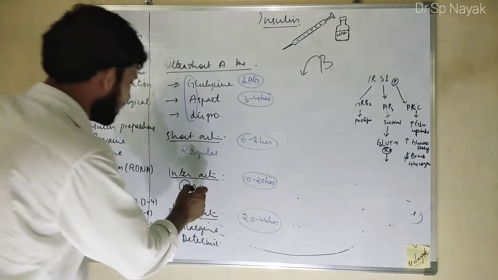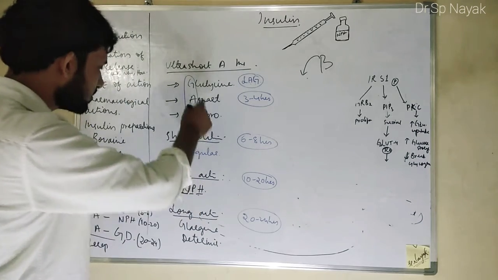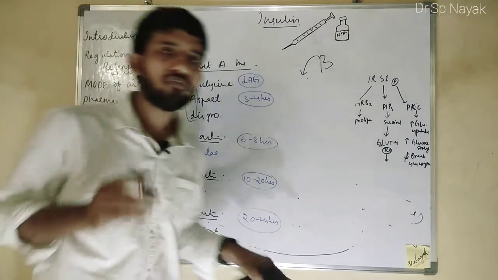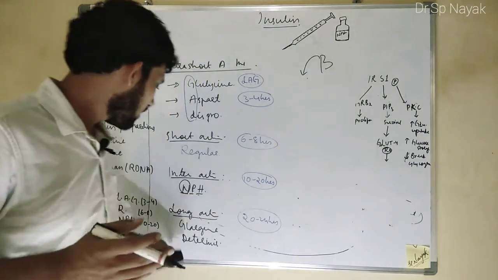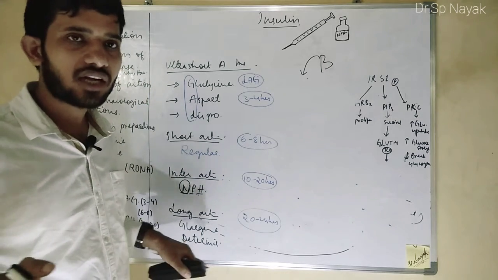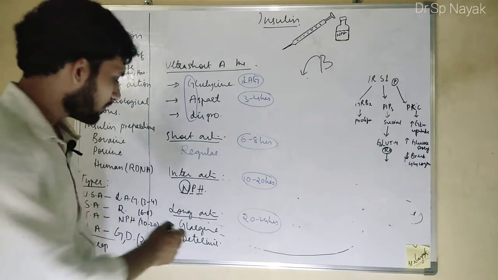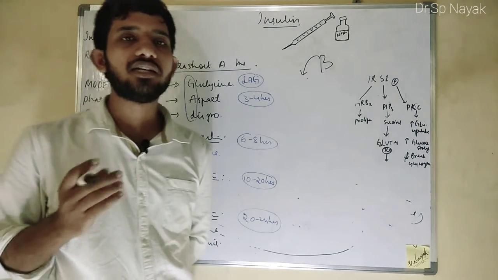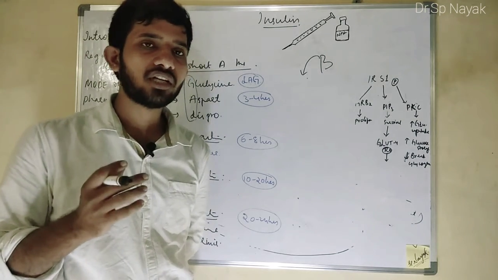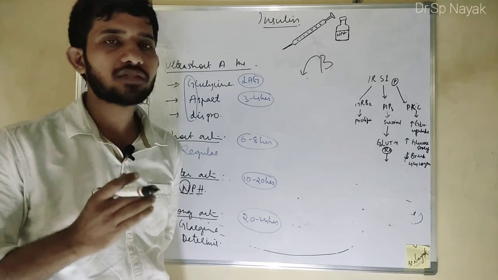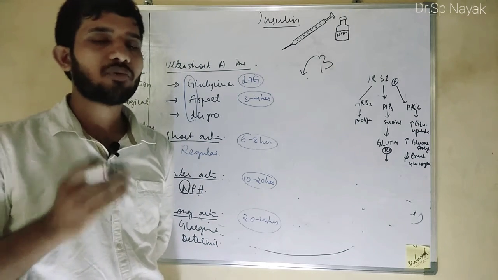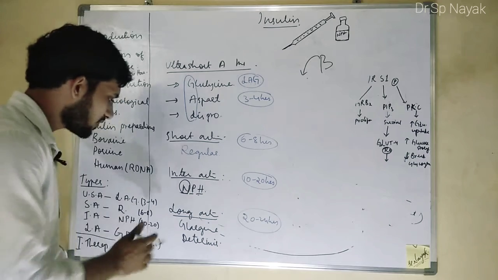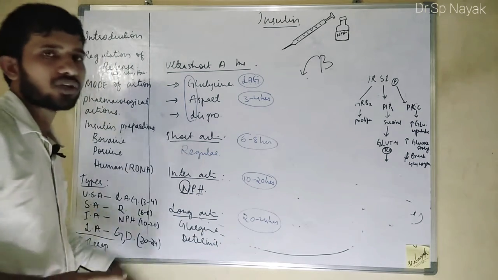We can mix intermediate acting insulins with the others, but long-acting insulin should not be mixed. They are acidic in nature. Detemir is a fatty insulin, and after administration it is released very slowly from the subcutaneous route, and because of that it has a long duration of action.